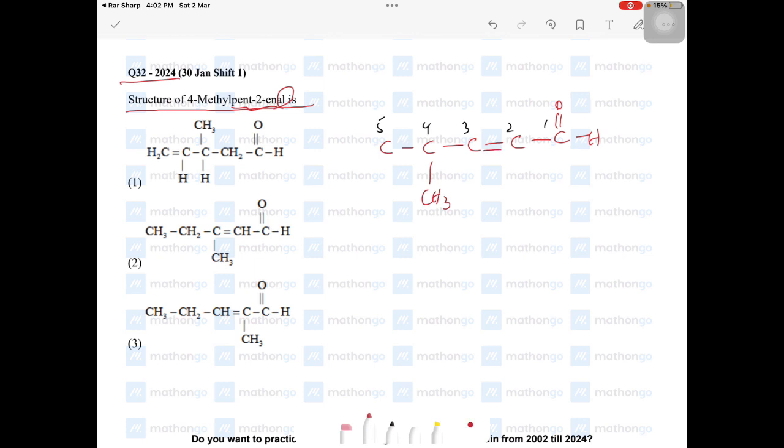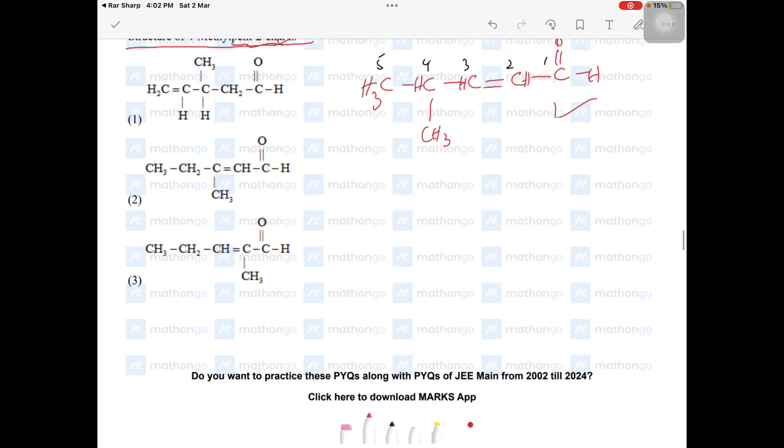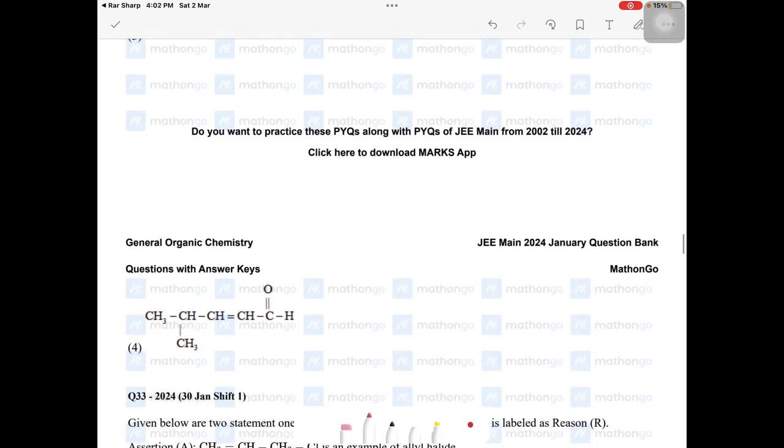Remaining all are hydrogen to satisfy the valency of carbon. Check it where it is. First one is not matching, second one also, third one also. Yeah, fourth one is matching. Fourth one is right answer.